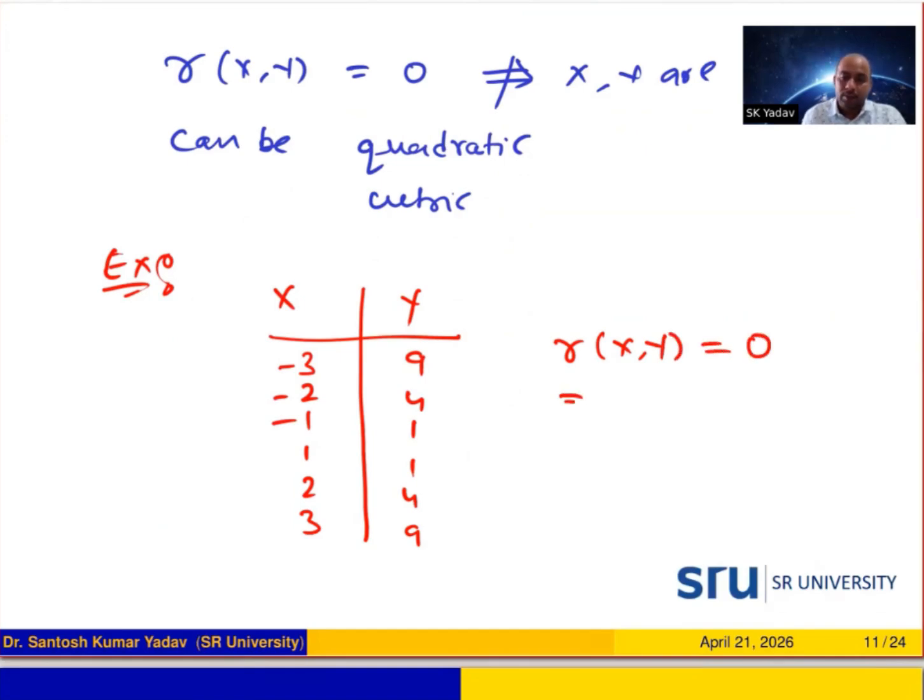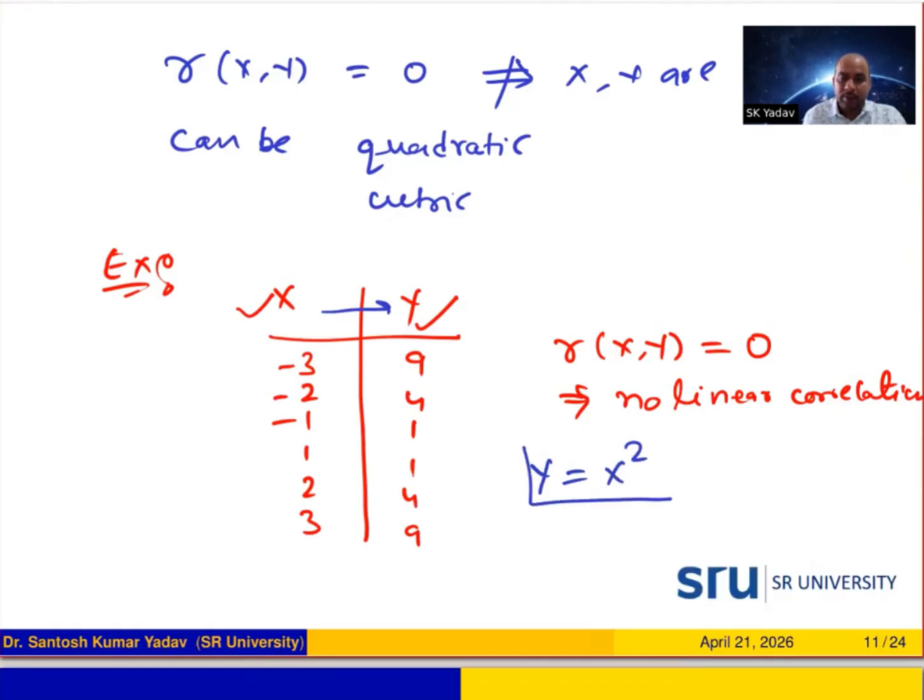So this means r is 0, that means no linear correlation between x and y. But by closely observing, you can see the relation between x and y: the y number is the square of x. So y is equal to x square. This means the variables are correlated quadratically.